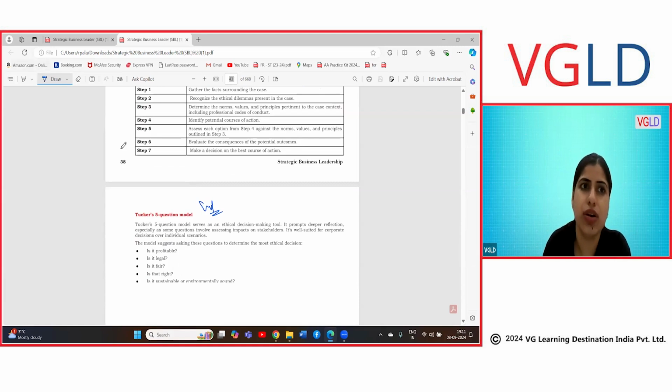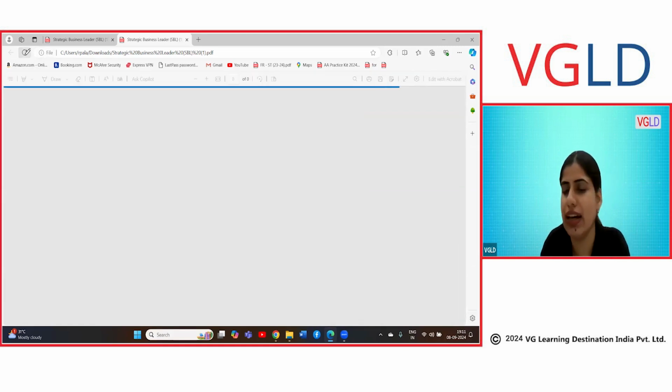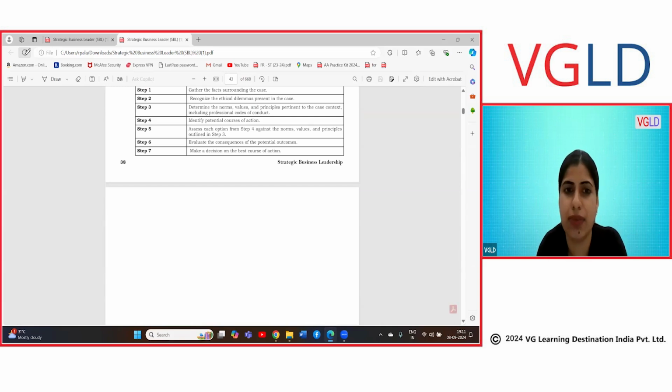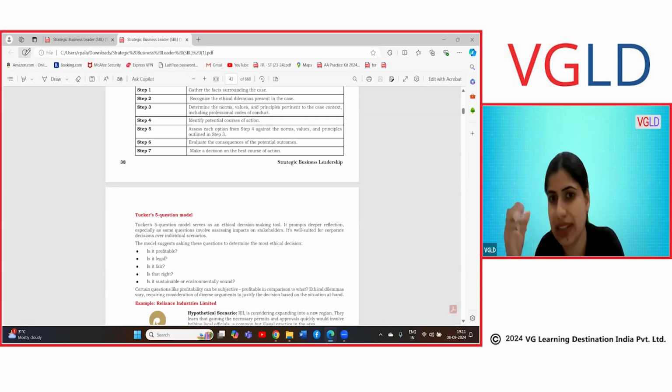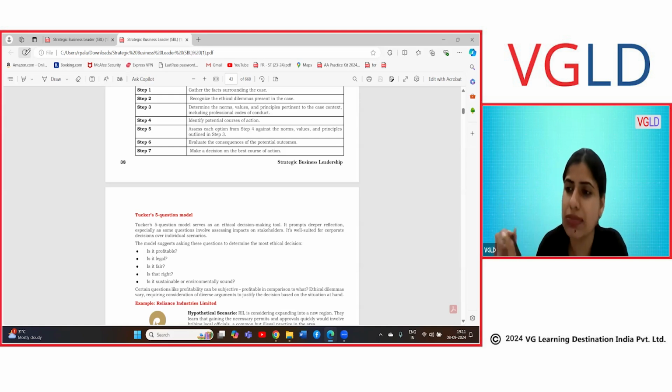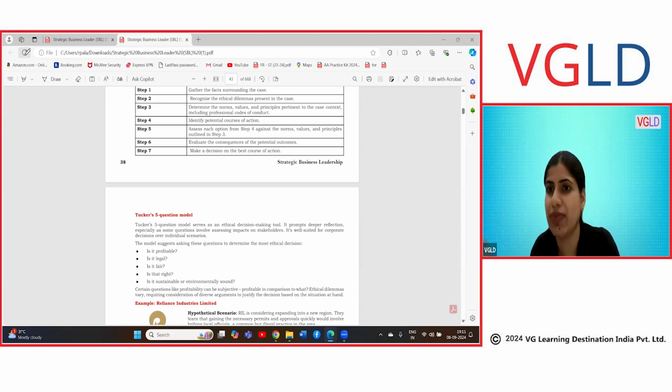Tucker model. As I already mentioned, earlier in the SBL paper they were directly referring that you have to follow a specific model. This is a model by Tucker. Now, sometimes only in 20-25% of cases they give you a reference to follow the Tucker model, the Pestel model, or the Balogun-Hailey model.